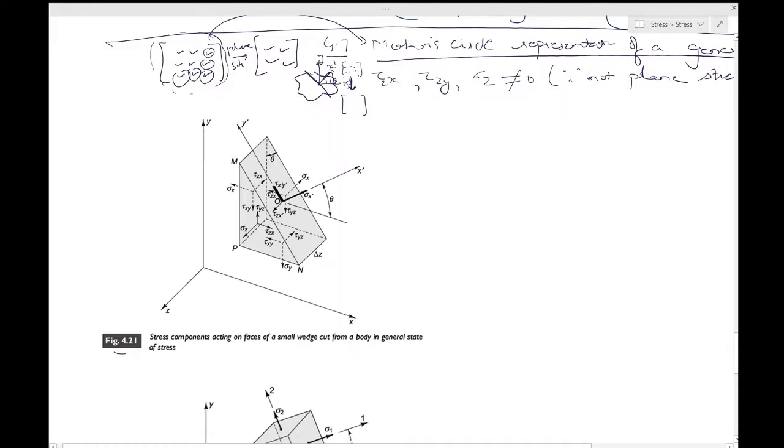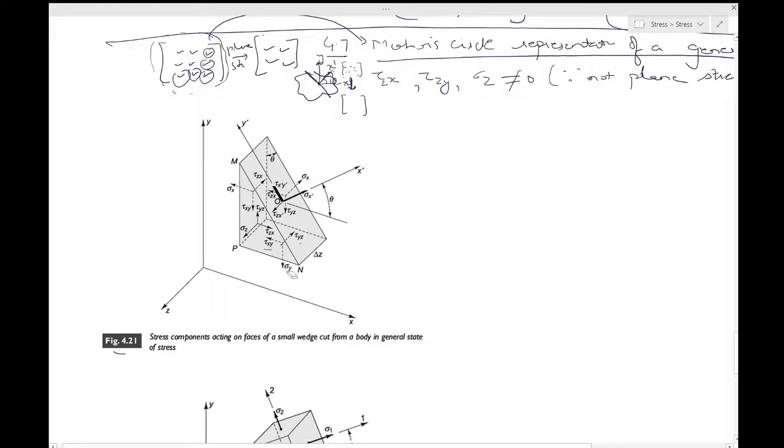So let's first of all check whether everything is all right. So this is for the plane which is PN and delta z. So you will have a sigma y, that is correct. You will have a tau yz, that is correct. You have a tau yx. Okay, that is correct. So this is tau yx according to our convention, but also tau xy because of the reasons you already are aware of.